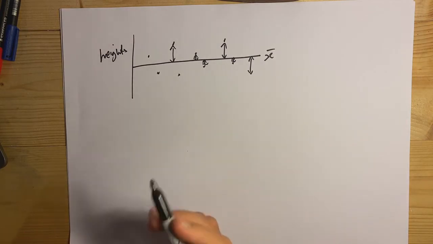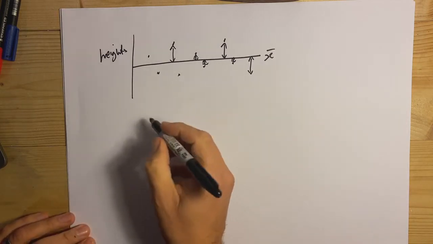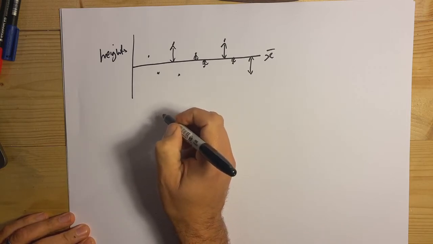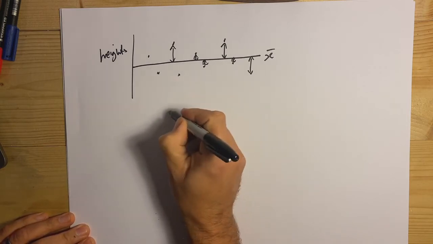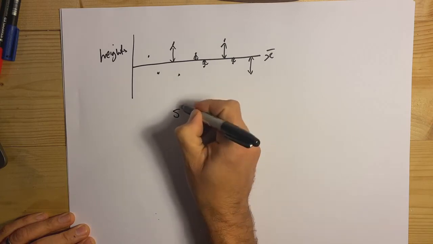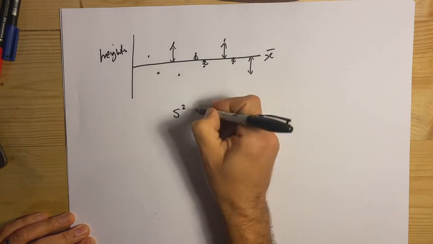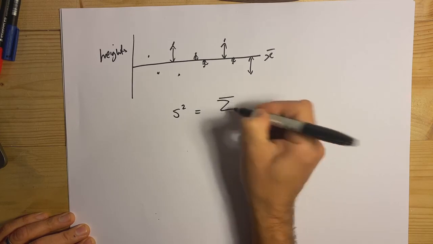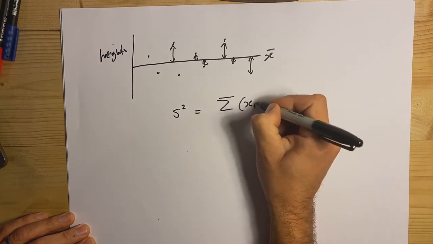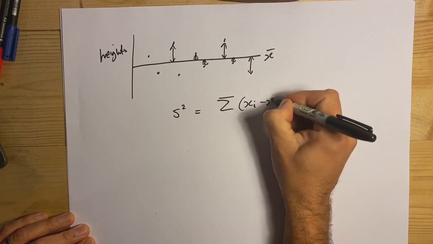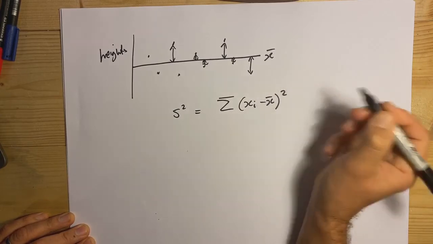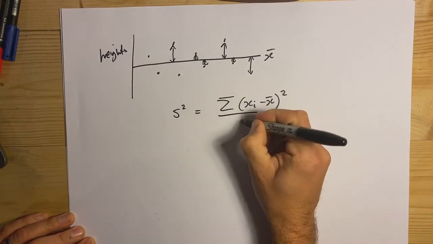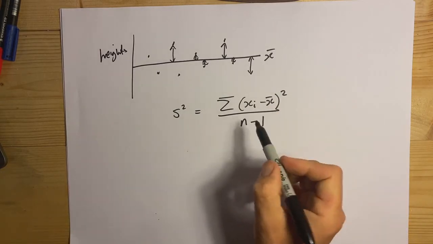Okay, and I'm not going to go through and derive all of this, but I'll just talk through what the formula looks like. So we talk about our sample variance, which we give the symbol s squared, equals the sum of our data points xi minus the mean, squared, divided by n minus 1.